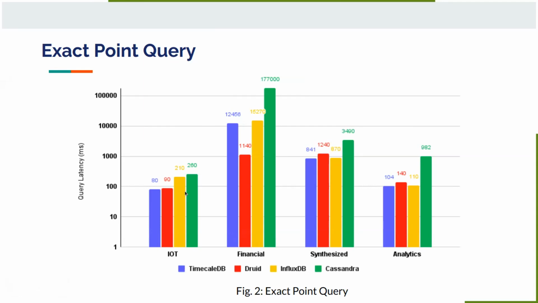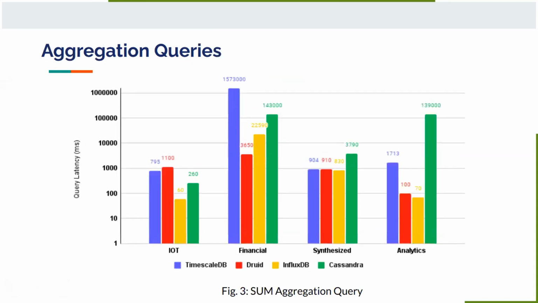So this is the chart about some aggregation query. As you can see in this graph, InfluxDB is the best in synthetic, analytics and IoT, but Druid is the best in the financial data set.